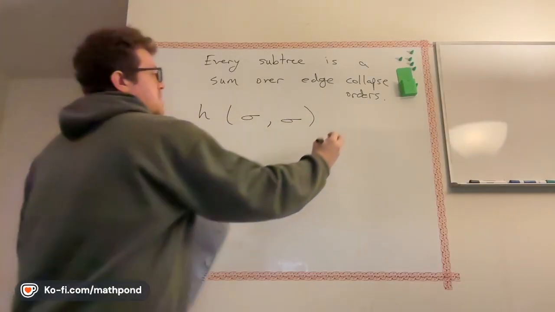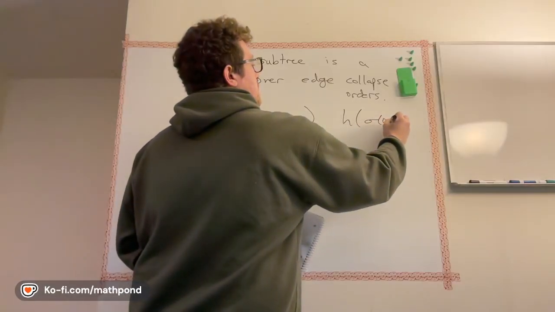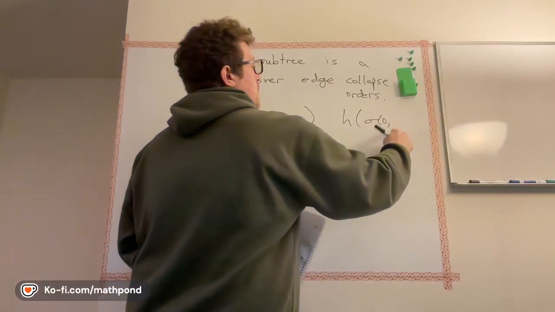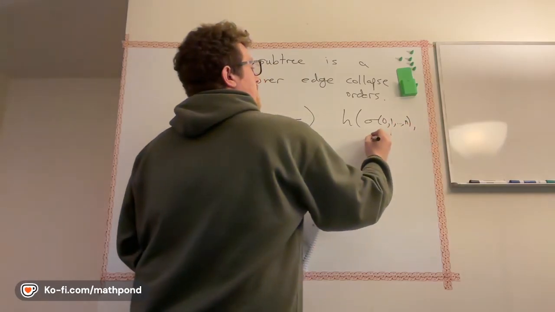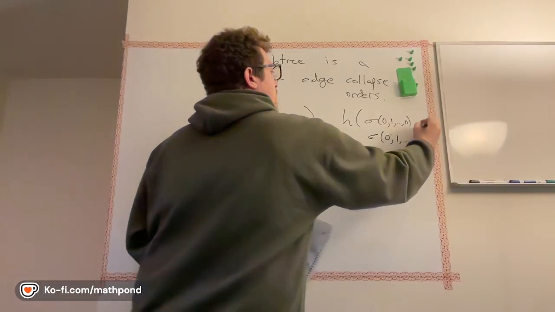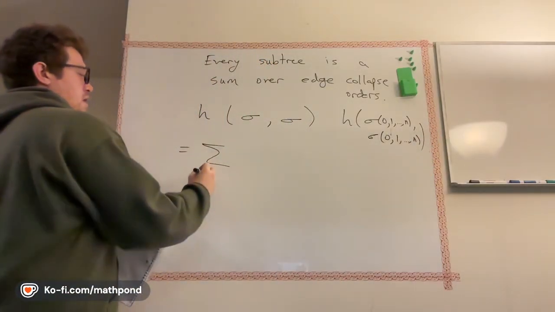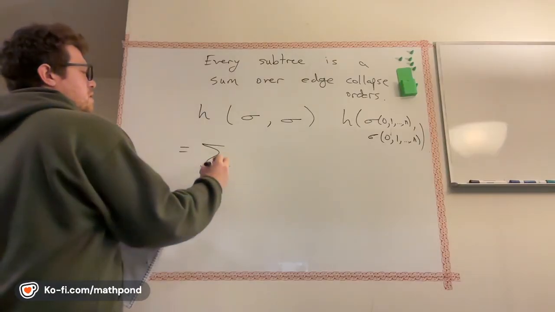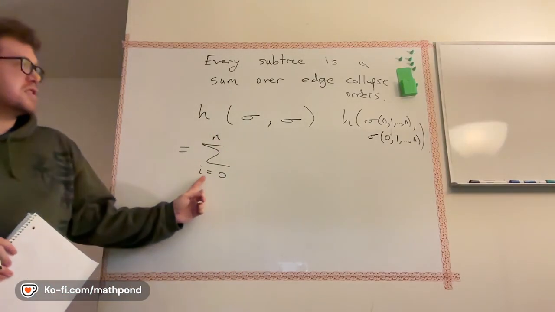In other words, it's H of sigma of 0 comma 1 through n. So we're going to get a sum where i goes from 0 to n. i is basically where we're going to split, right?